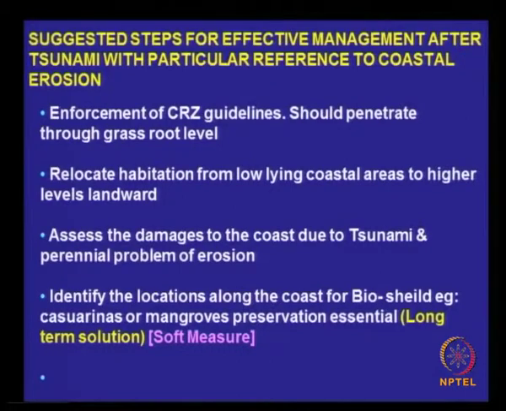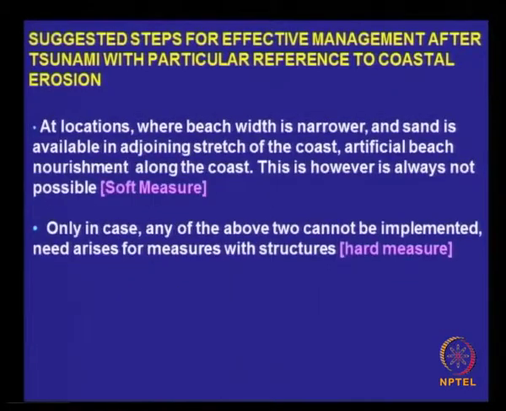For example, you can think of casuarina or mangrove preservation. Mangrove preservation is very important, and this can be a long-term solution and is also a soft measure. At locations where the beach width is narrow and sand is available in an adjoining stretch of the coast, artificial nourishment along the coast could be thought of, though this is not always possible.